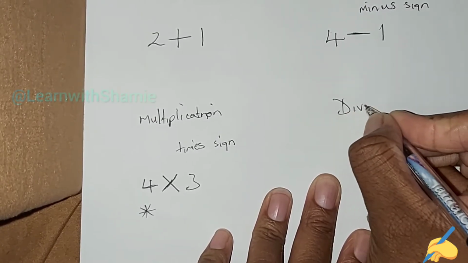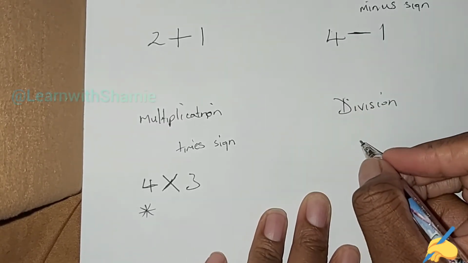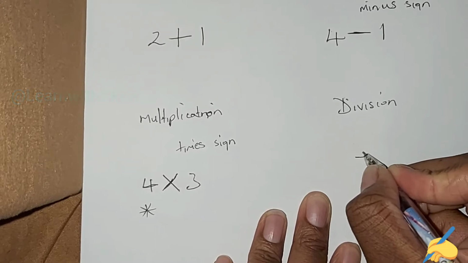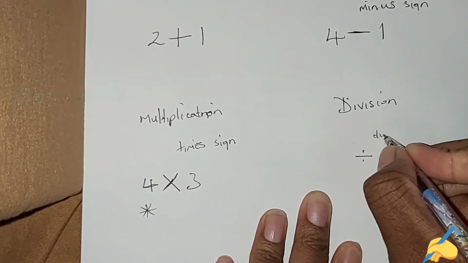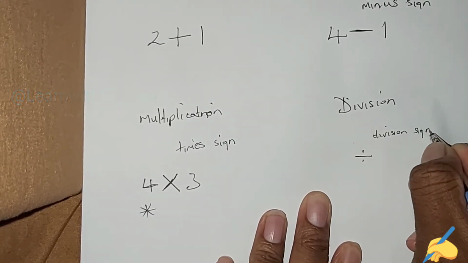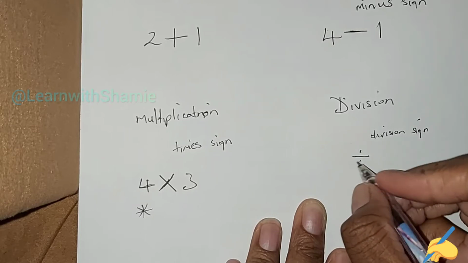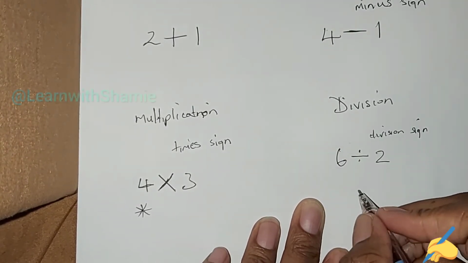And for the division operation, we use the division sign. So the operation would read like this: 6 divided by 2.